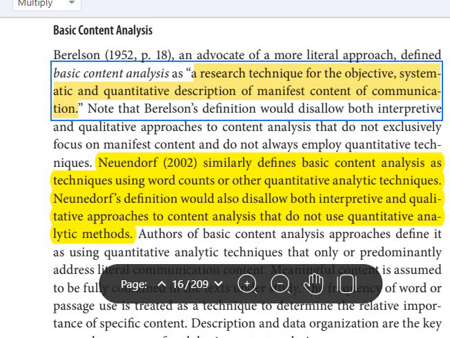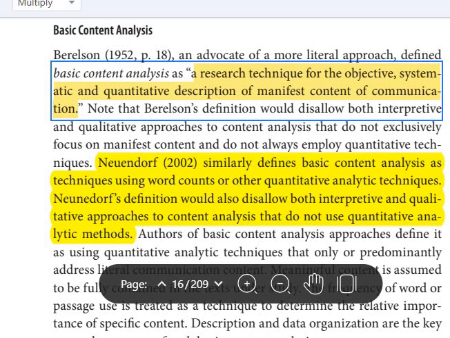Neuendorf's definition would also disallow both interpretive and qualitative approaches to content analysis that do not use quantitative analytic methods. So this is important, that he defines it as using word counts.